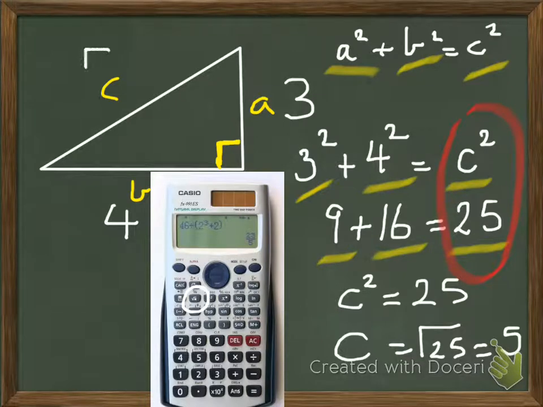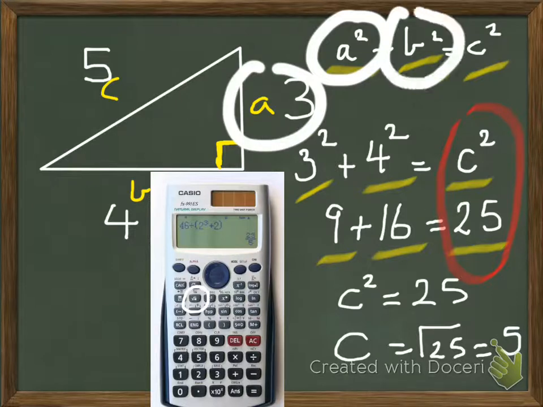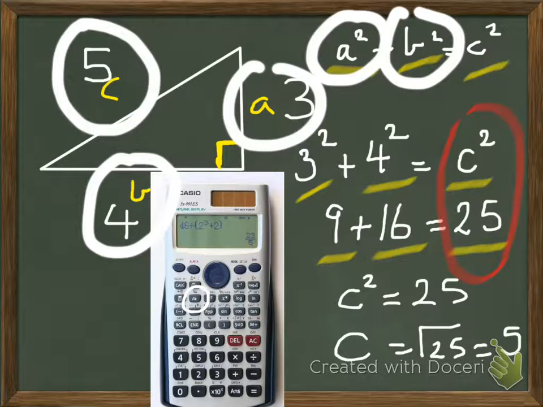So we can put 5 in there. And that's Pythagoras' theorem. If I was to say that in simple terms, what we're saying is this: A squared plus B squared equals C squared, and that is it.